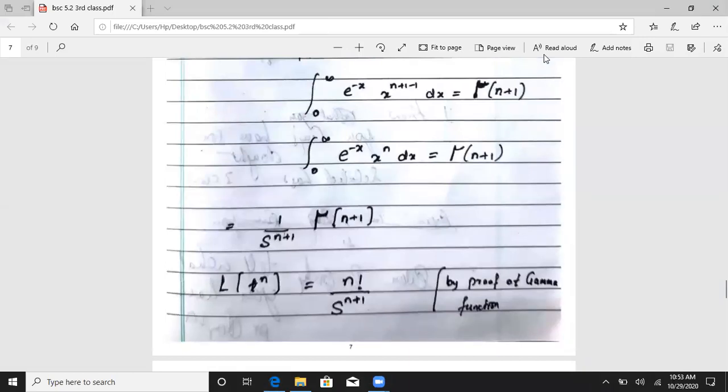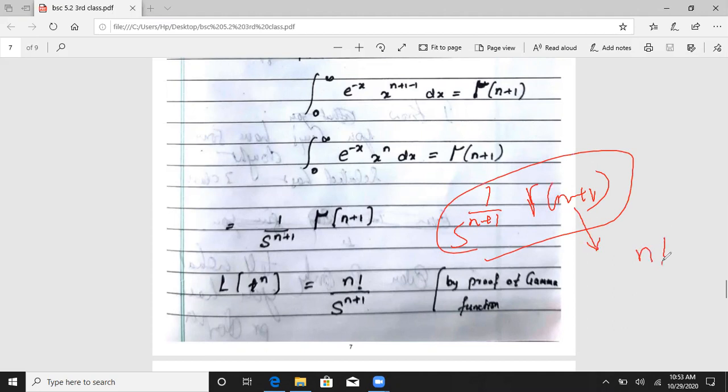The next step is 1 divided by s to the power n plus 1 times gamma of n plus 1, and gamma of n plus 1 is equal to n factorial. This is by the proof of the gamma function. You already know.